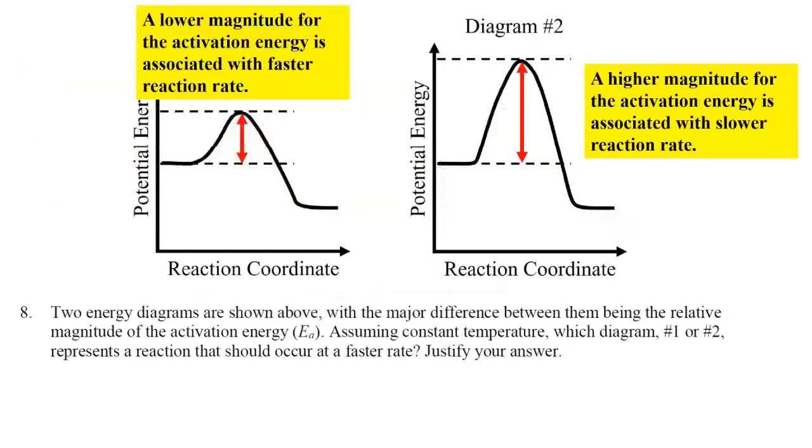So on this slide, this was from an earlier video, you can see a smaller activation energy for a reaction on the left and a larger activation energy for a reaction on the right. So a smaller activation energy is associated with a faster reaction rate, and a larger activation energy is associated with a slower reaction rate.